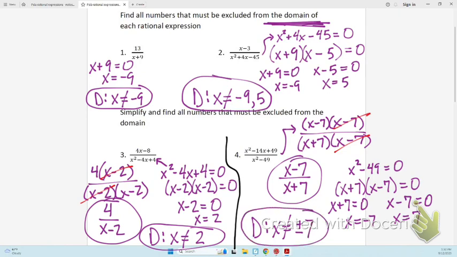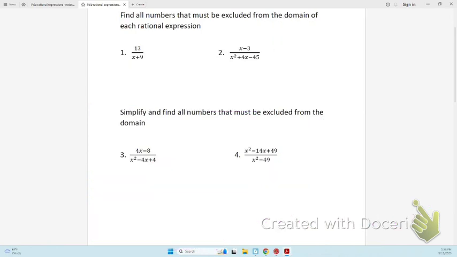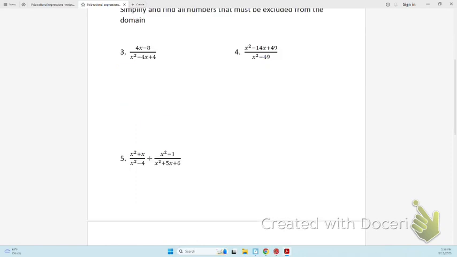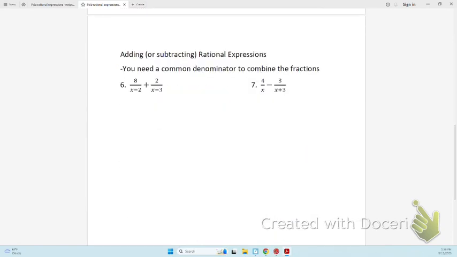All right. We did one other problem today. We skipped number 5, and we jumped to number 6. So number 6 and 7 are totally different. We're adding and subtracting fractions. And remember back when you had a fraction problem like this? You need a common denominator.